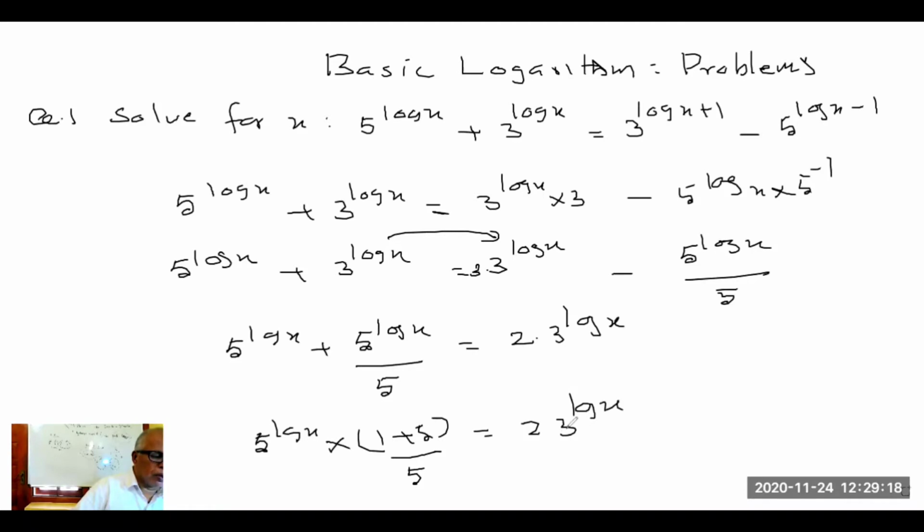That is 5 raised to log x into 6 by 5 is equal to 2 into 3 raised to log x. We'll repeat the step at next board. 5 raised to log x into 6 by 5 is equal to 2 into 3 raised to log x.